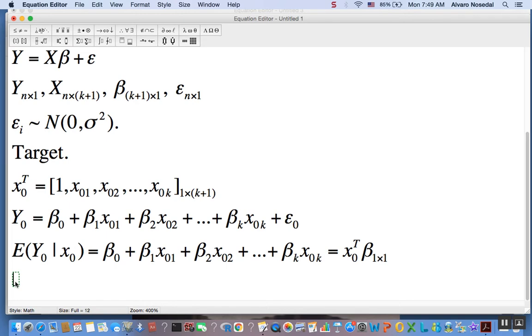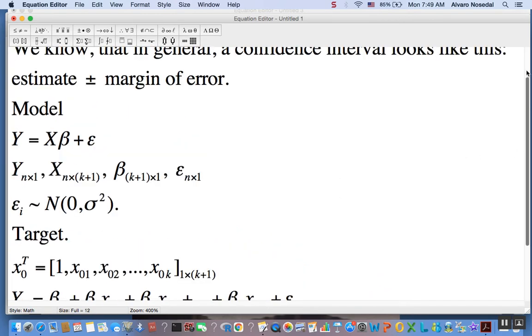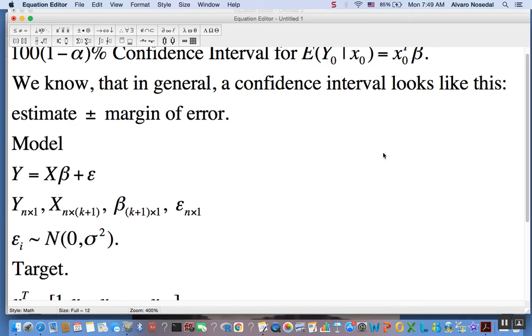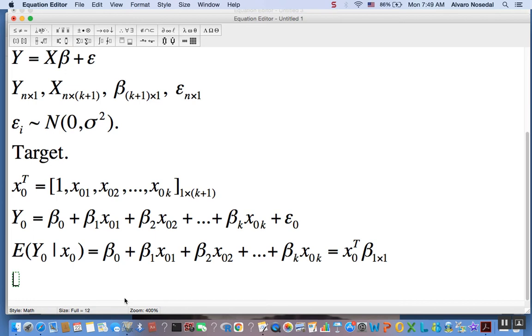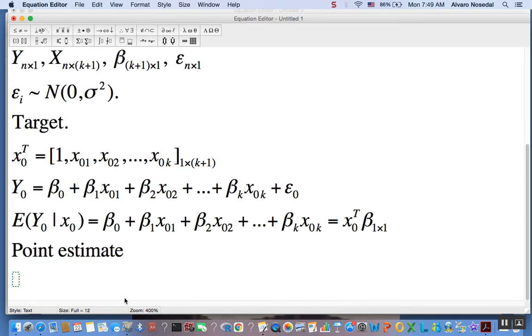So now what we said is our confidence interval is going to have that form: estimate plus or minus margin of error. Let's talk about the point estimate. So let me talk about y hat 0.